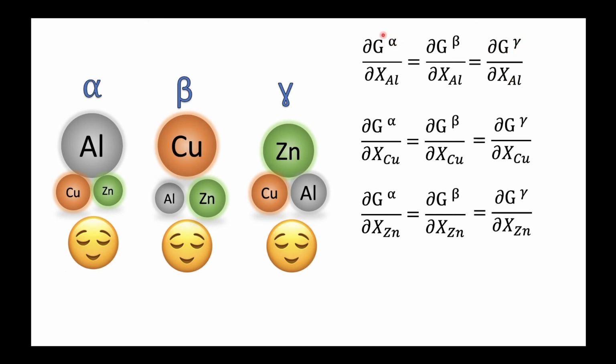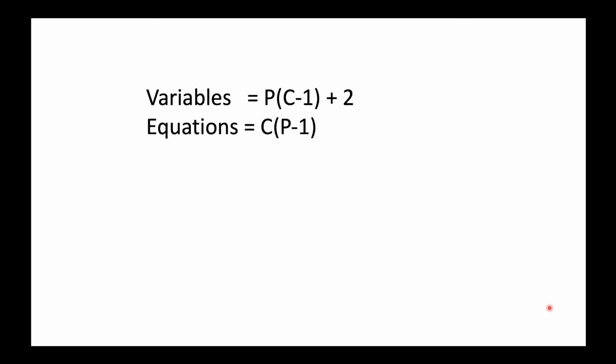So if you had 3 phases, you have 2 equations for each component. So basically for each component you have P minus 1 equations. So the number of equations, if you had C components, would be C times P minus 1 equations.